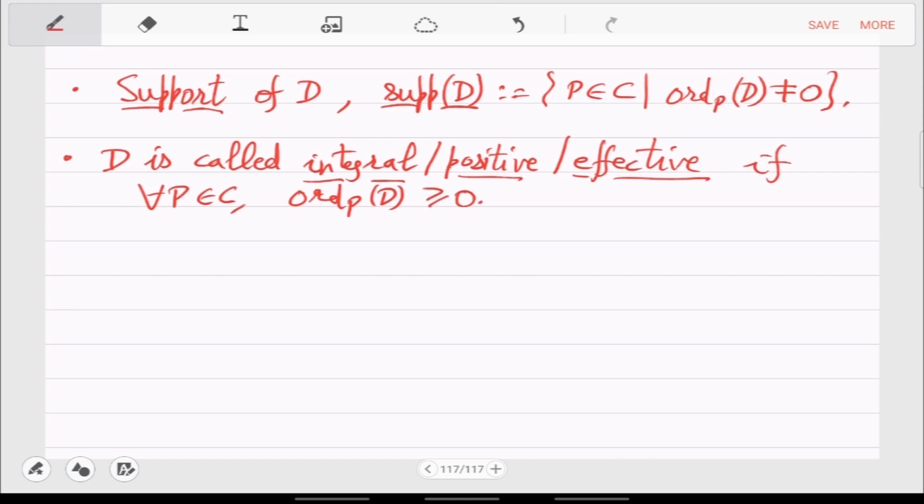Non-negative. Okay, so the integral divisors, I mean, again you can think of integers, right? So integers which have prime factors with exponents non-negative, they are called integers. So similarly, integral divisors, positive or effective, you can define.